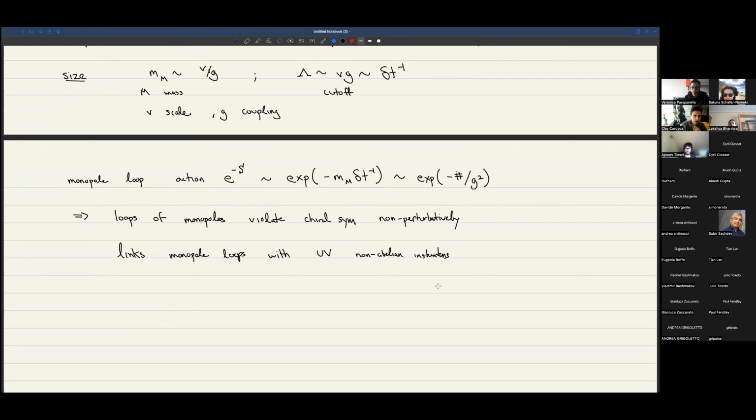Okay, so we've set up all the story that we want. Now, what will be the essential idea of the models? We'd like to protect neutrino masses by a symmetry with an abelian ABJ anomaly.